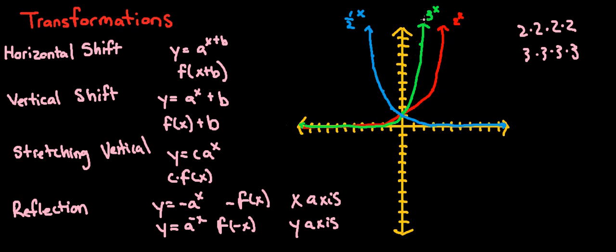Every time x is increased by 1 for 3 to the x, it's tripling. So it is logical that the larger bases would increase faster, because instead of doubling for 2 to the x, this function 3 to the x is tripling.